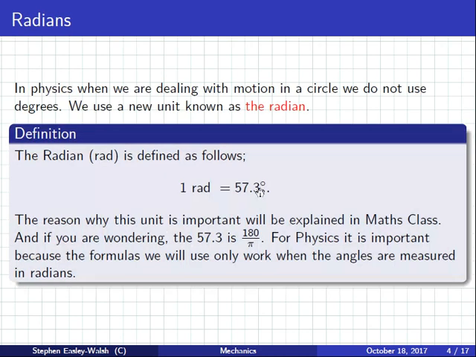It's 57.3, but if you want to be more accurate, you can use 180 over pi. In the exam, they don't really mind. You could use 57.3 or 180 over pi.